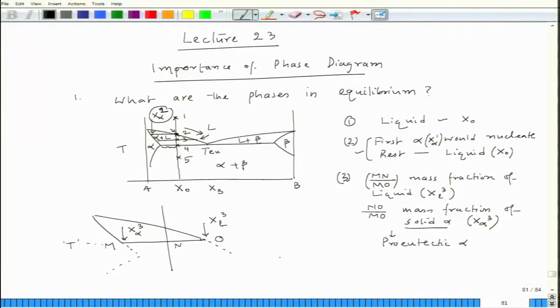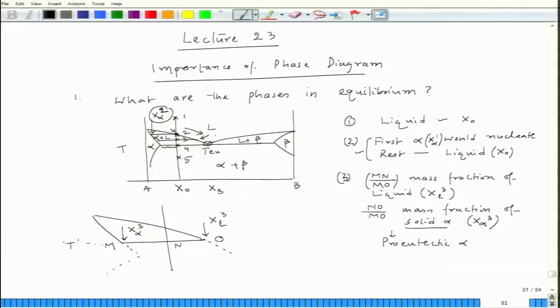Now, since we are seeing that the liquid fraction is decreasing, the last liquid just before achieving the eutectic temperature would eventually go and touch the eutectic temperature.